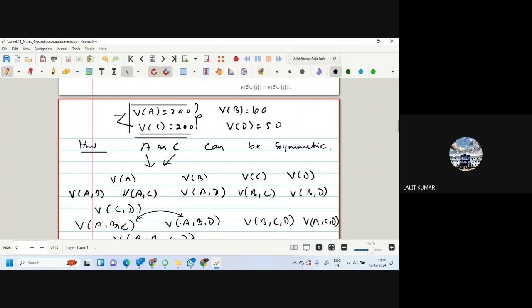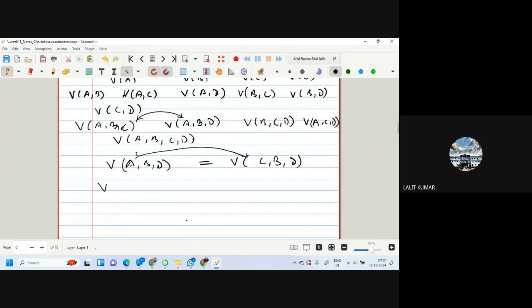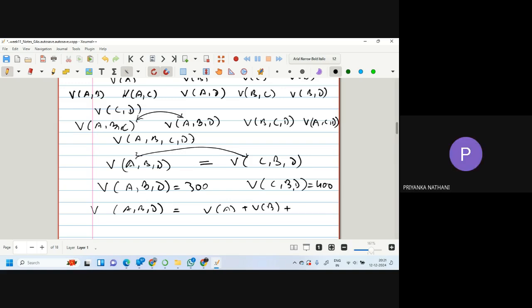Their individual value is the same, but for example, if VABD is 300 and the value of VCBD is 400, then they are not symmetric. Here, the value of ABD is not equal to VA plus VB plus VD. Okay, understood.